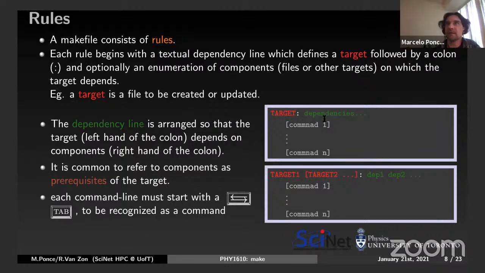So this dependency line is arranged so that the target on the left-hand column depends on the components on the right-hand column. So this target depends on these right here. It's also common to refer to these dependencies as prerequisites of the target.